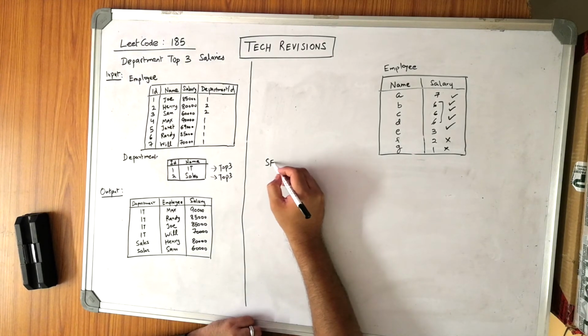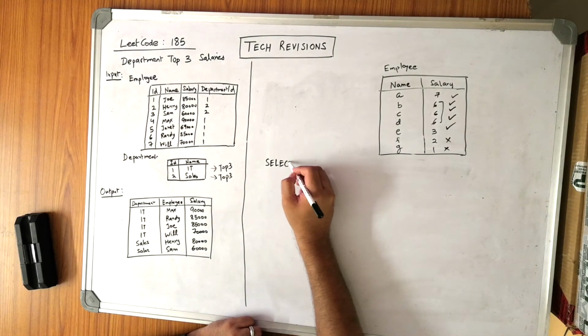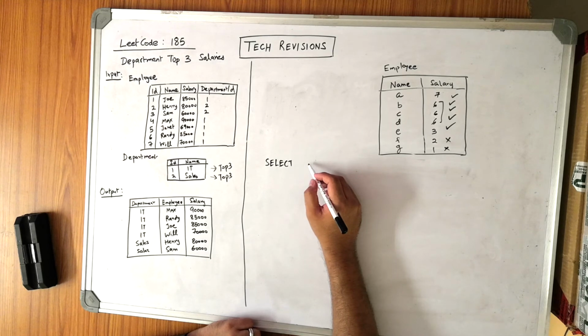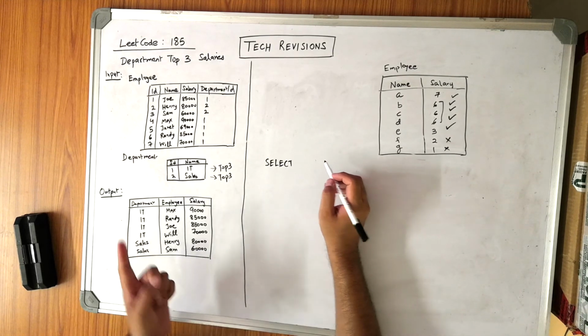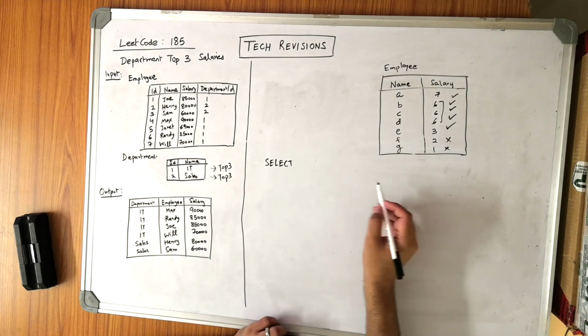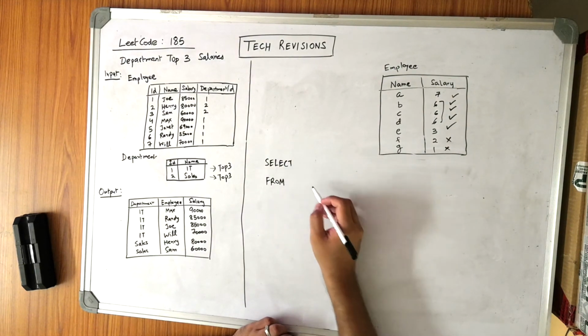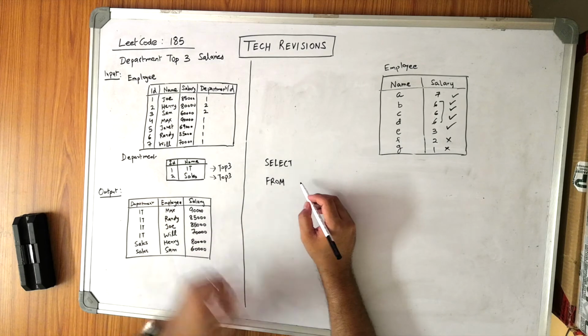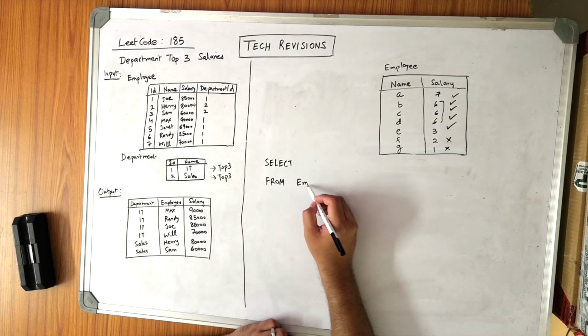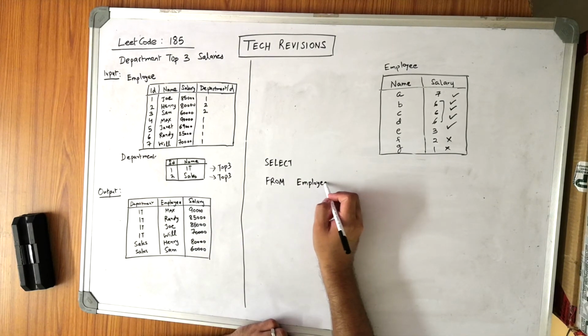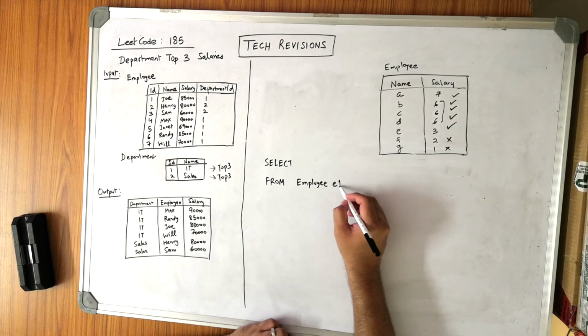I'm going to say select. So let me just put from. So I will have the employee table. Let's call it E1.